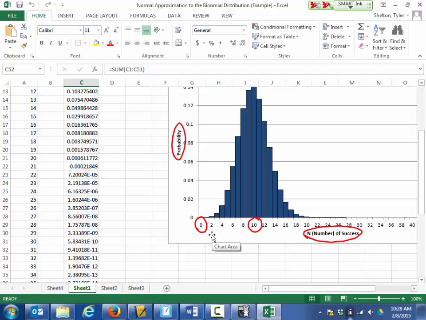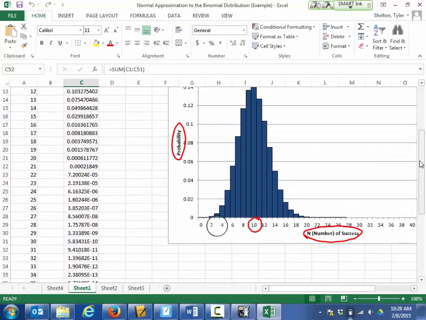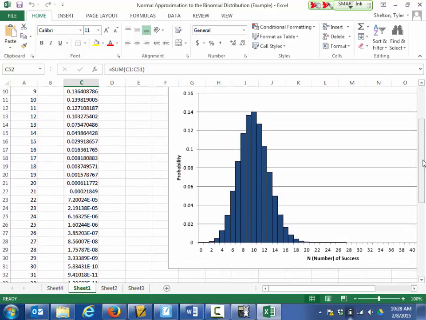It's virtually 0. Then you get up closer to 10 successes out of 50, where there's a 20% chance of success. Well, that's where this histogram is at an all-time high.